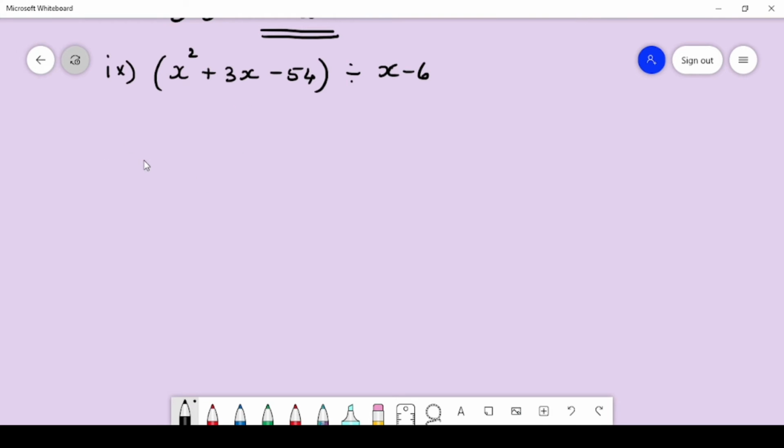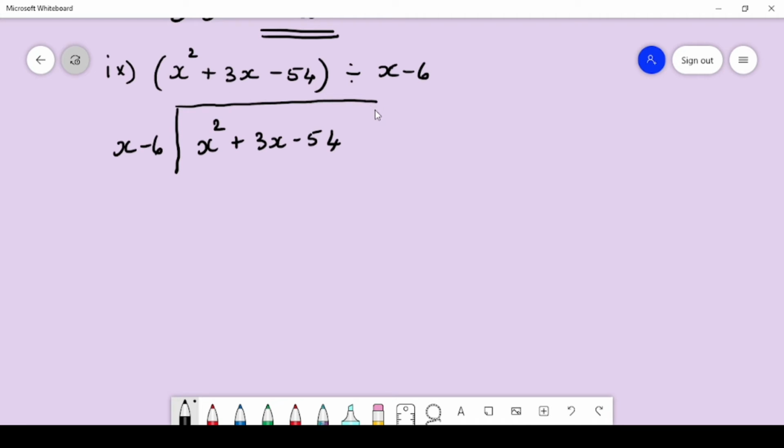As usual for normal division, how we arrange, like that itself we have to do. So x square plus 3x minus 54 divided by, like this we will draw now. For division like this we will arrange. So divided by x minus 6. Now we will write the quotient on the top.